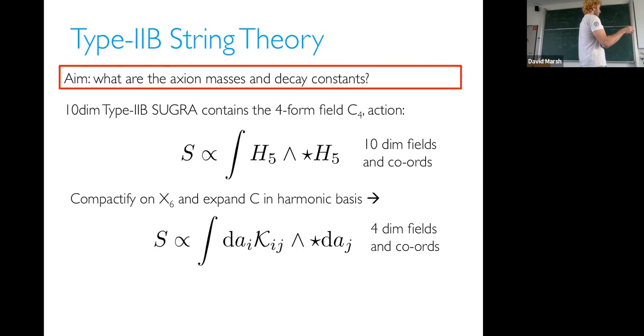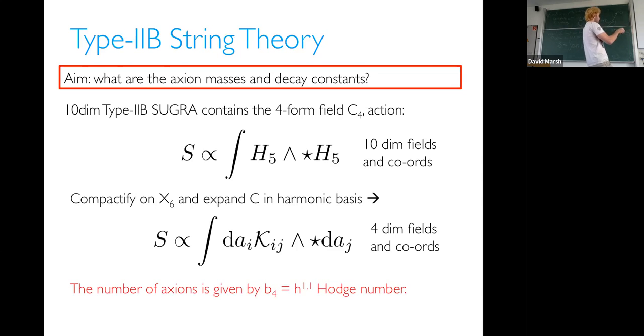These are 4-dimensional fields, A is a 4-dimensional field, the axion. We have this thing in the kinetic matrix. The number of axions in this example is given by the 4th Betti number, because we're compactifying a 4-form, which, if you look it up in Becker-Schwarz, B4 is H11. So type 2B supergravity gives you H11 of these so-called model-dependent axions from C4.